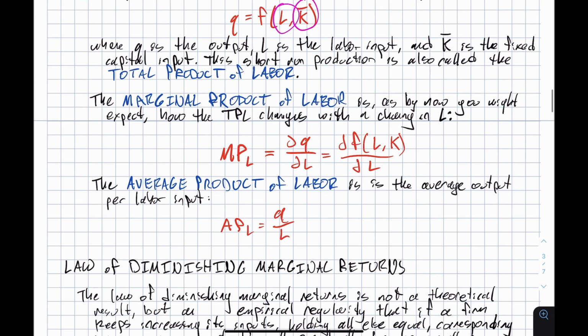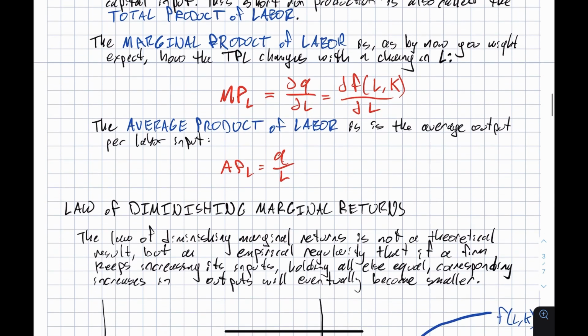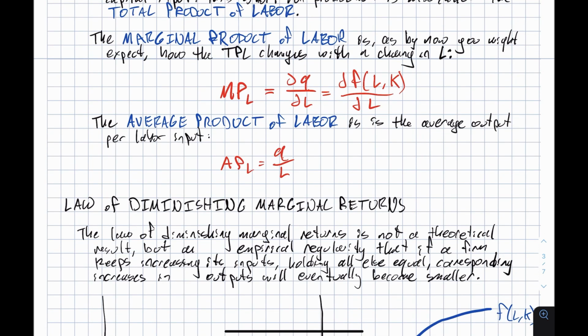By definition, the marginal product of labor is, as you might anticipate from the name, just how quantity changes when we change the labor input. And to capture this, as you've probably come to expect in this class, we use calculus. We just look at the derivative of the production function with respect to L, our labor input.